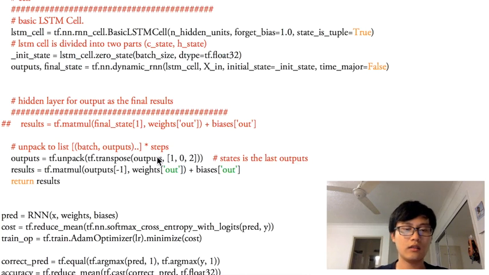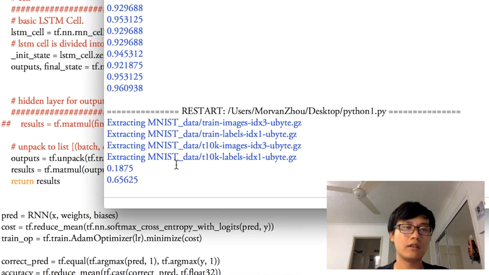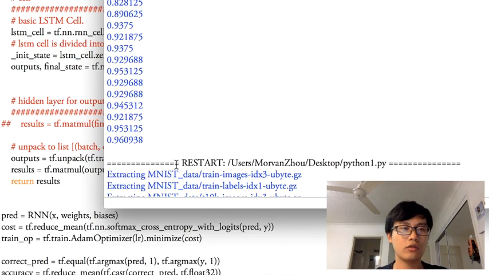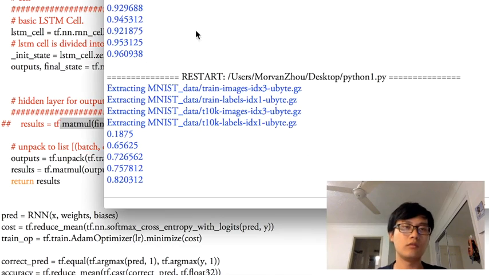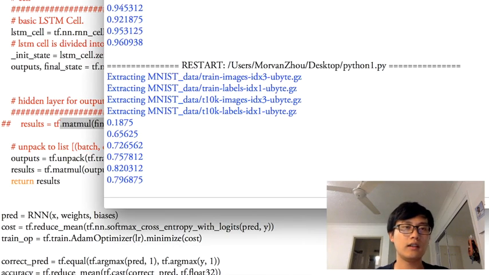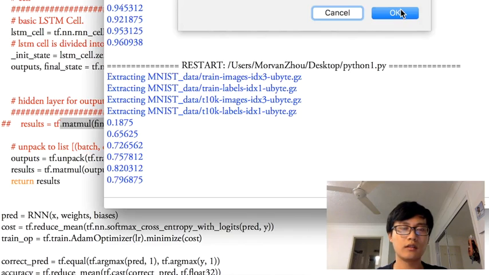So I run this again. Yes, 0.1875 is exactly the same. This shows that these two options are the same. Okay, let's stop over here.